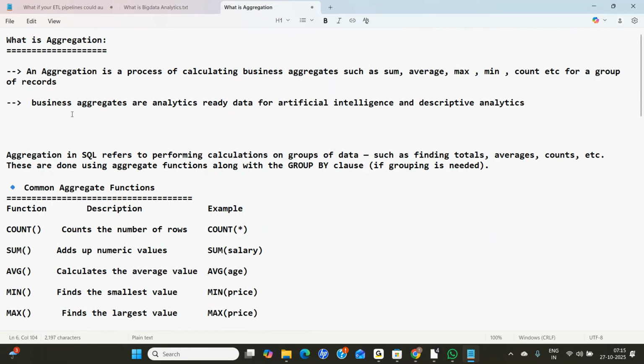This is called analytics-ready data, which we can also call curated data. Data gets curated into aggregates.